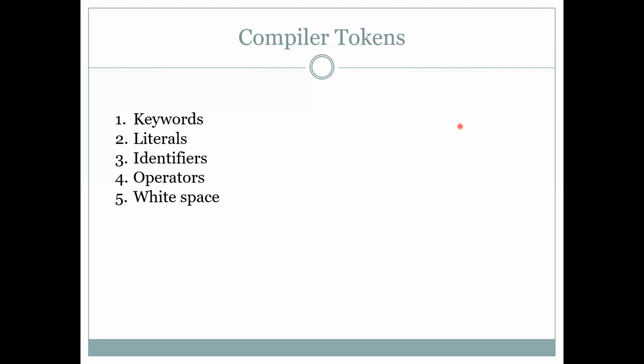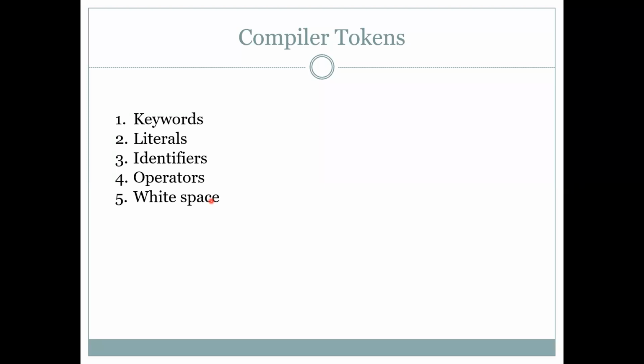So basically, there are five types of token. First is the keywords, then literals, identifiers, operators, and the white space. Okay. So in order to separate the keywords, literals, and identifiers, some white space is required within the program, and the white space may also be used to provide documentation in the form of comments.